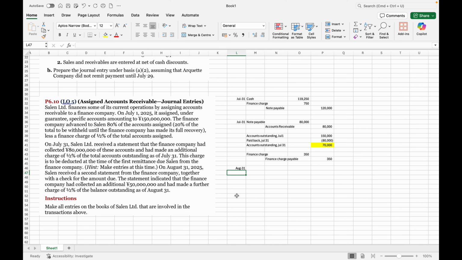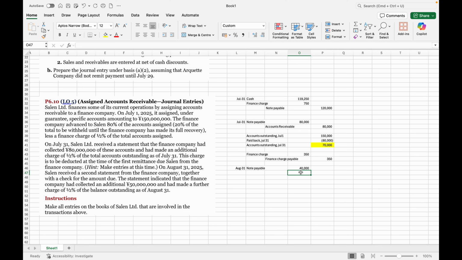So what we have to do is take into account that we have paid back 80,000 and the total note payable that we have to pay back as of now is 40,000. So we have to decrease note payable by 40,000 by debit.